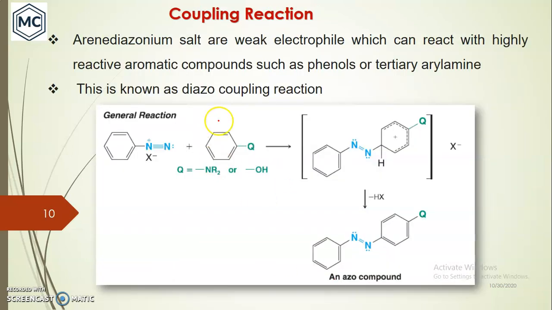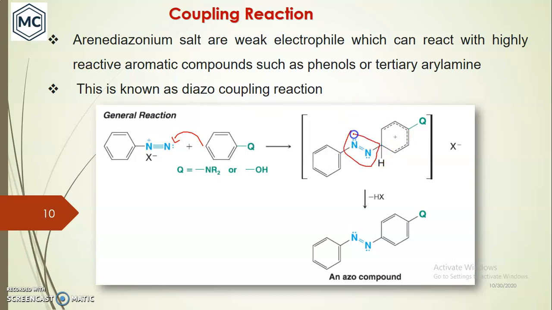Next one, the coupling reaction. Arenediazonium salts are weak electrophiles, which can react with a highly reactive aromatic compound such as phenol or a tertiary aryl amine, which acts as a nucleophile. In the case of phenol, which has OH here, the para position can react with this nitrogen and form an azo compound.